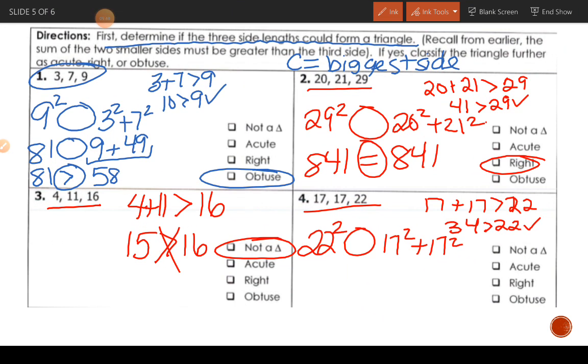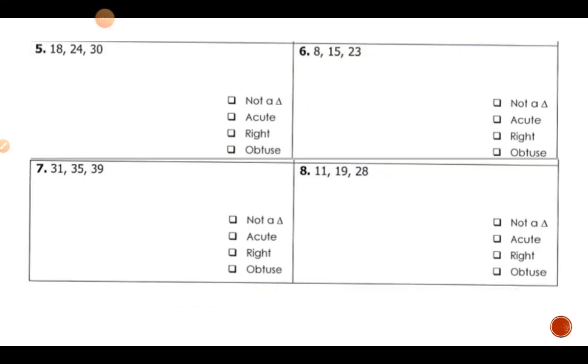So 22 squared, when we plug that in, we got 484. And when we added this, we got 578. So this is actually a smaller than, which is fine. It's an acute triangle. Okay. And that right there is how we would classify.